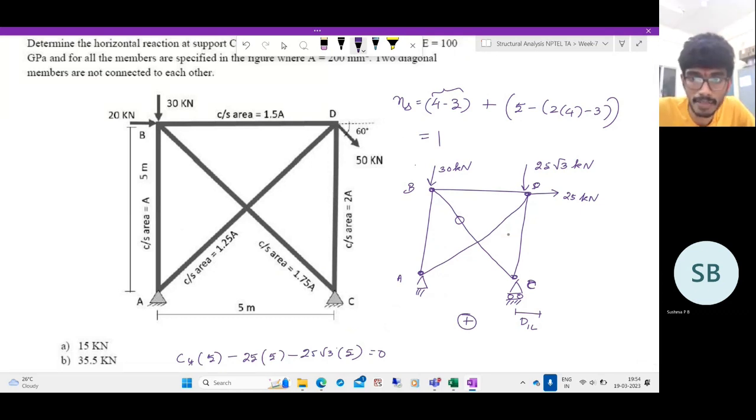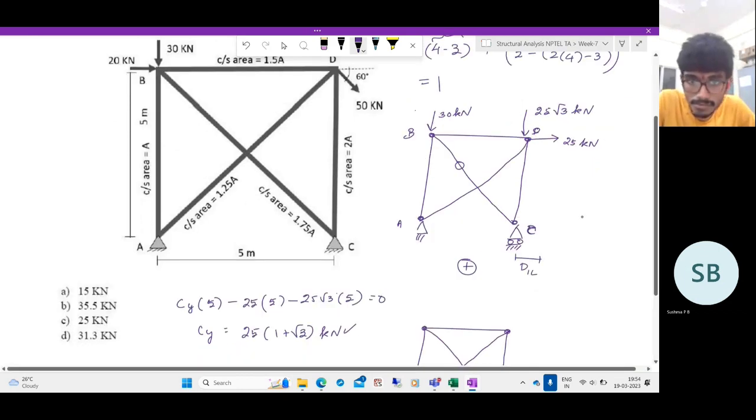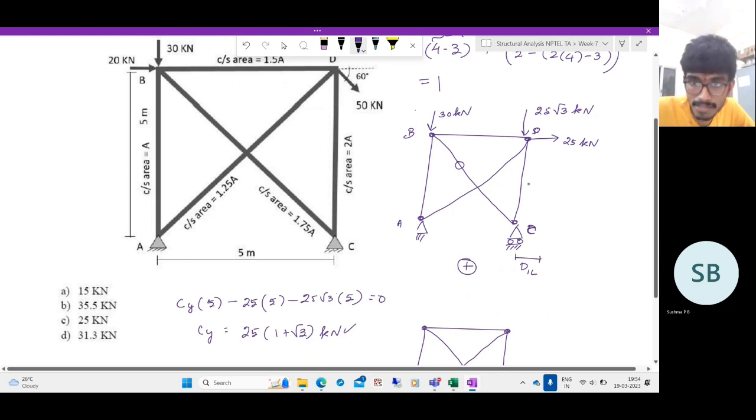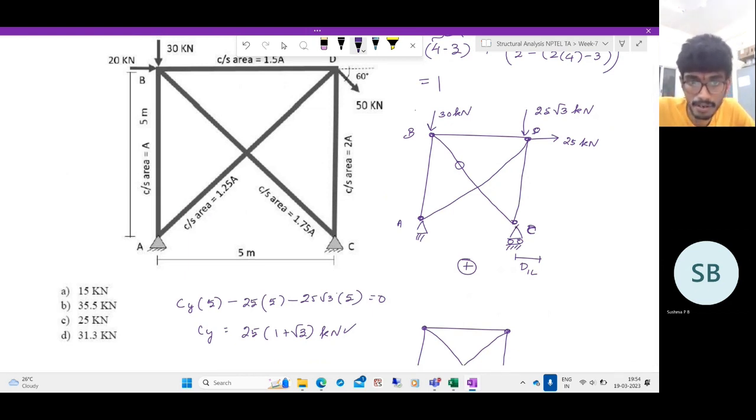So this means it is 0. Let me check. Yeah, correct. So this member is subjected to a vertical force of 25 into 1 plus root 3, which means it is under compression.